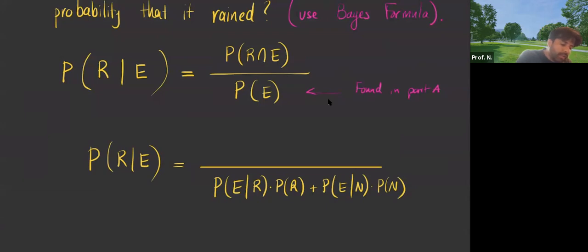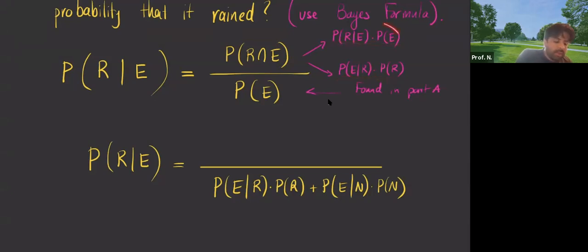You can write this in various ways. There are two ways to write the intersection. Either you write it as the probability that it rains given that he's early times the probability that he's early, or as the probability that he's early given that it rained times the probability that it rained. These are two ways to express the probability that it rains intersect he's early, with two different conditional probabilities.